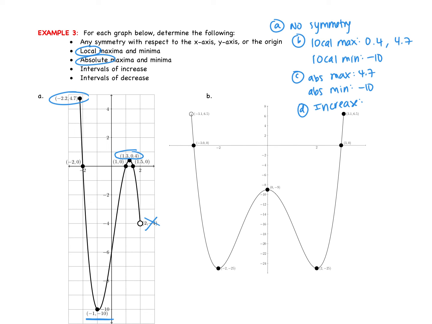Intervals of increase. We're looking for every place where the graph is going up. Here, the graph is going down. It's not increasing. Here, though, the graph is going up, and then it goes down again. So the only place where the graph is increasing is right here.